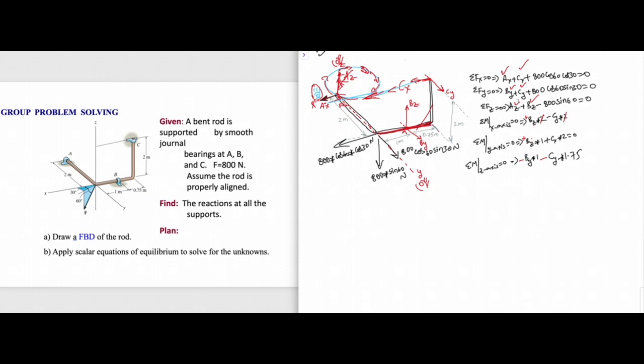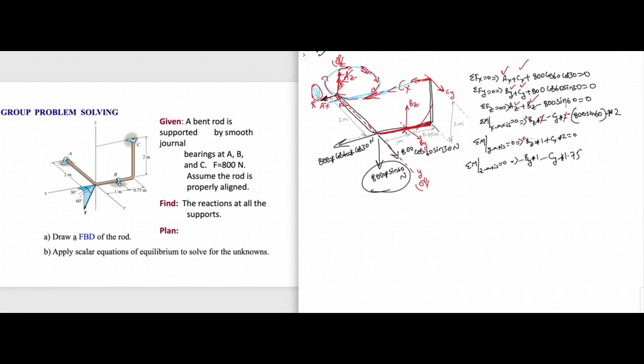With respect to x-axis, what we will have is this 800 sine 60 times 2, and it is going clockwise, so it's negative, because due to this externally added force, it goes like that, and we follow the arrow.